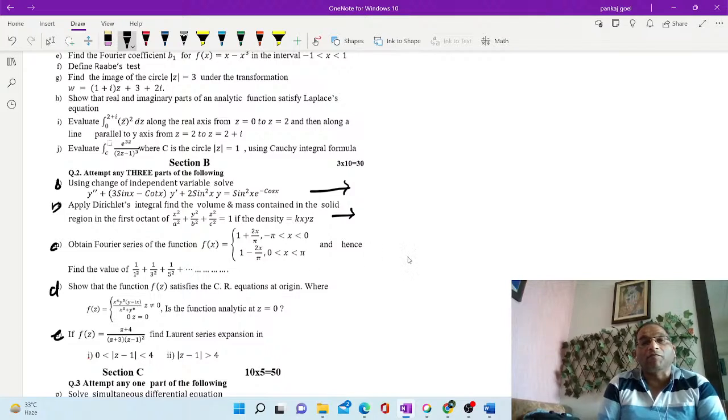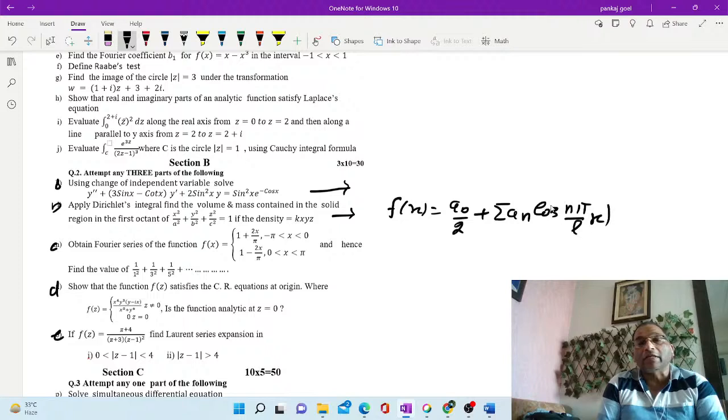And this one is Fourier series, and you know the formula for Fourier series is f(x) equal to a naught by 2 plus sigma of a_n cos(n pi x upon l), this is the angle, and then plus sigma b_n sin(n pi x upon l).